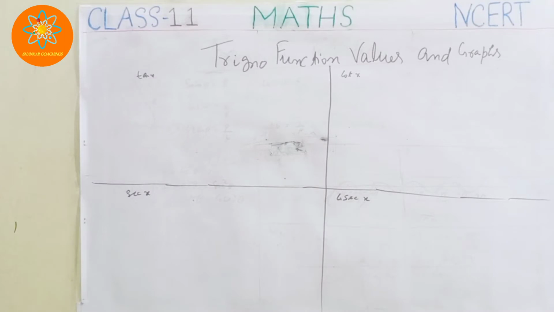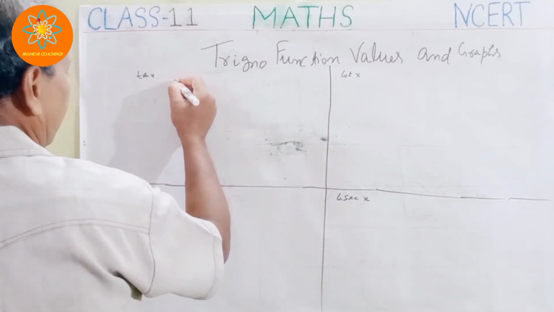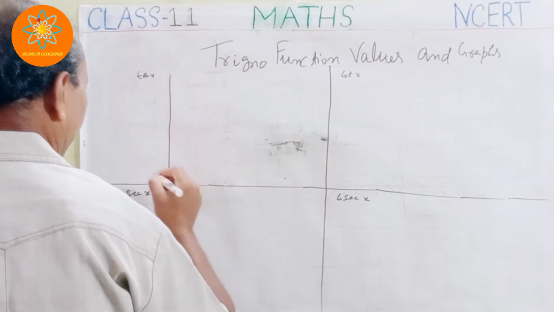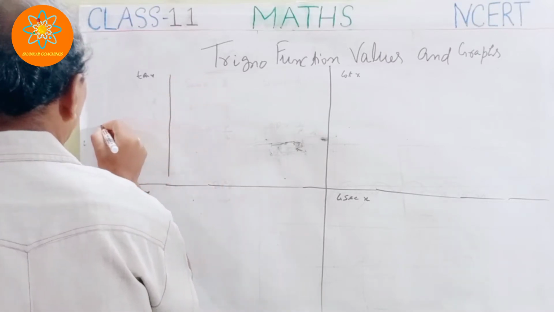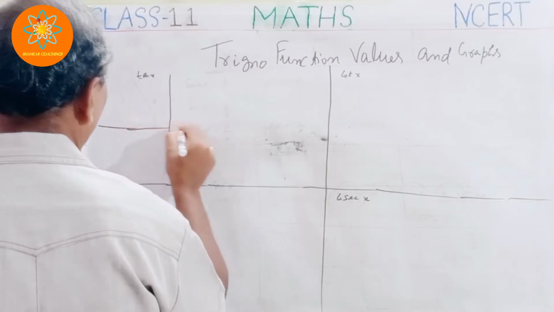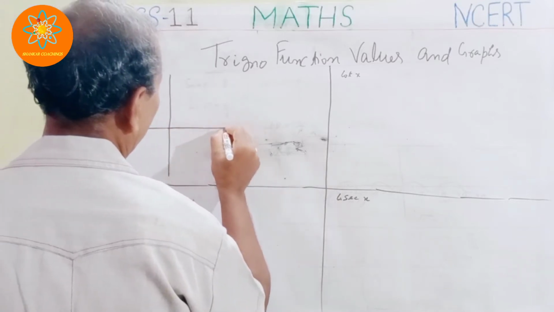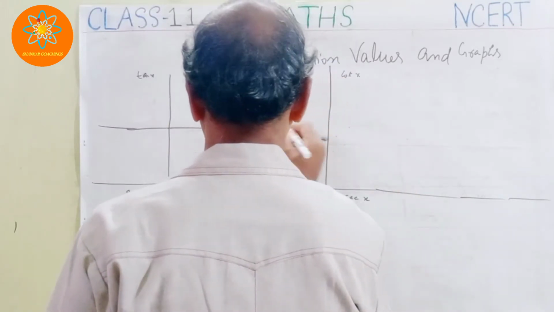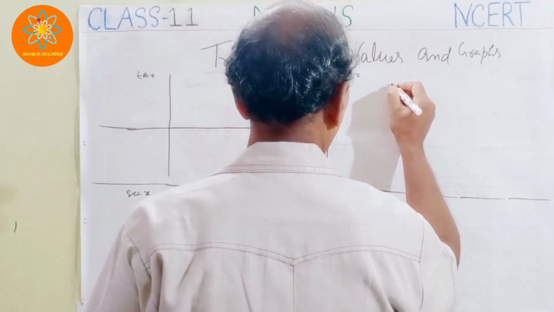Sine x and cos x we have already seen. Now we will draw the graphs of tan x, cot x, sec x, and cosec x. First of all, I will draw the coordinates here also.